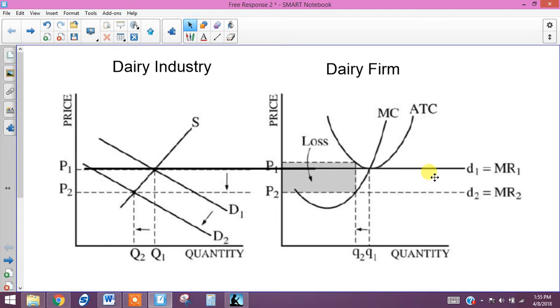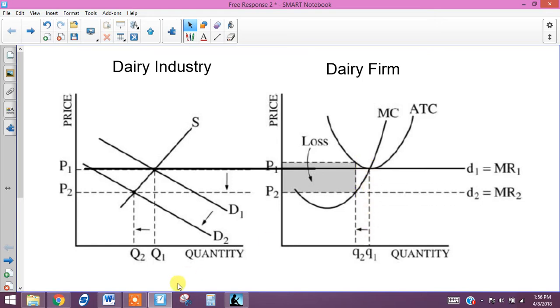It's very important that you show that the price is also the demand, is also the marginal revenue, is also the marginal cost. That's the point where the marginal cost curve intersects with the price or the marginal revenue or the demand, all the same. At that point, that's where the firm is going to produce. That's their output level right there.